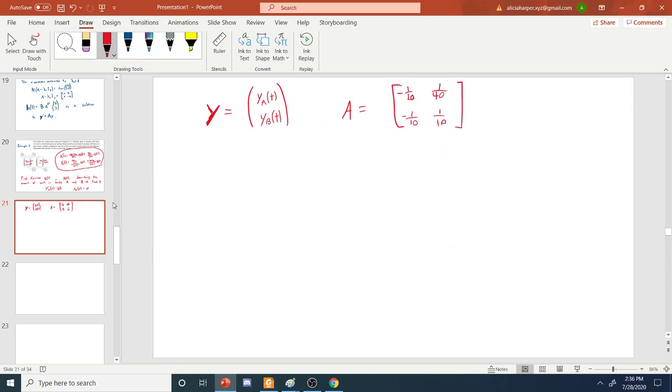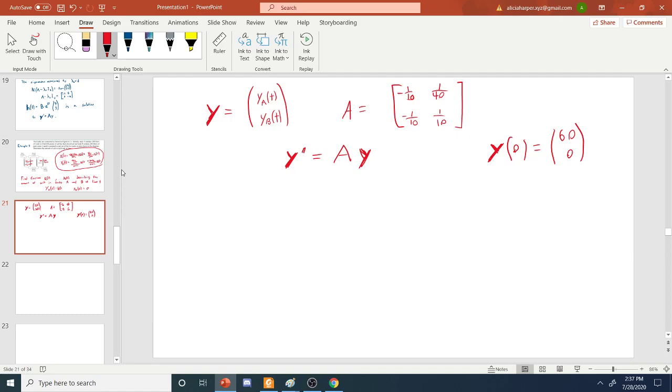So the system of equations we're interested in is precisely the vector equation Y prime is equal to AY. But we also have an initial condition, which is that when I evaluate this vector at 0, I get 60 and 0. So this is the system we have to solve.